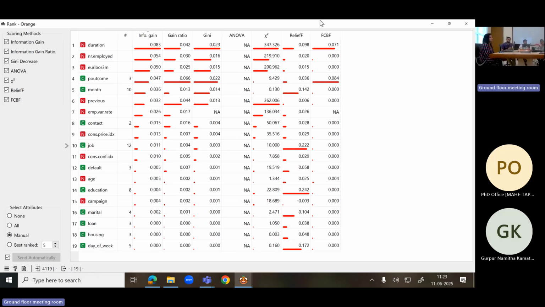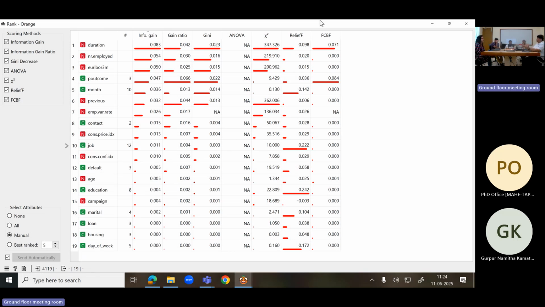Okay? That means there was a significant difference in the alignment of such type of groups with whom you had more call duration and less call duration, and whether they had taken up term deposits or not. So because of that, the chi-square value is high.